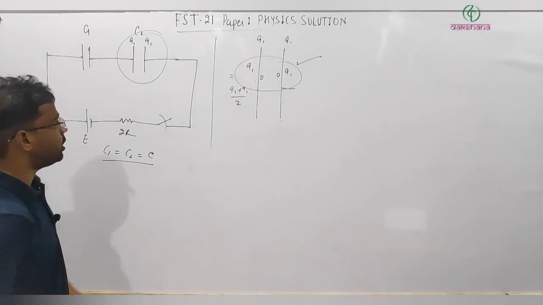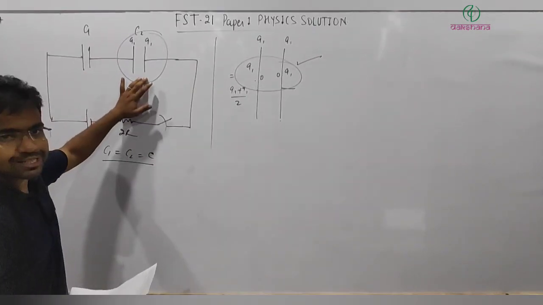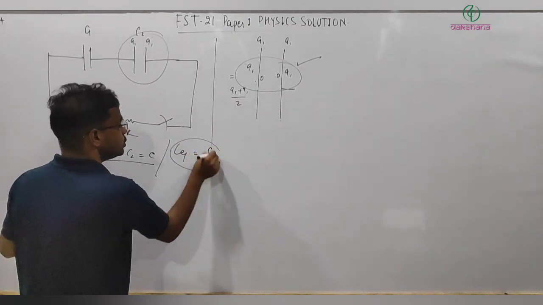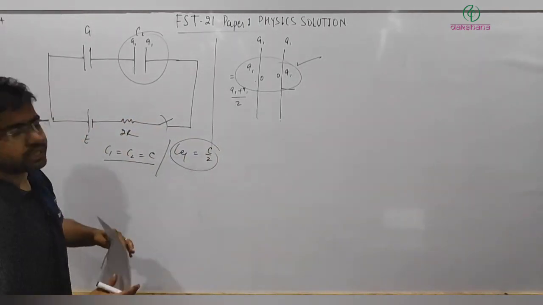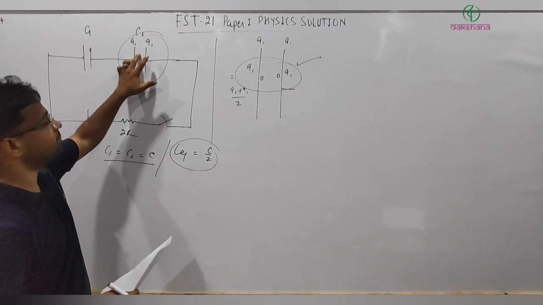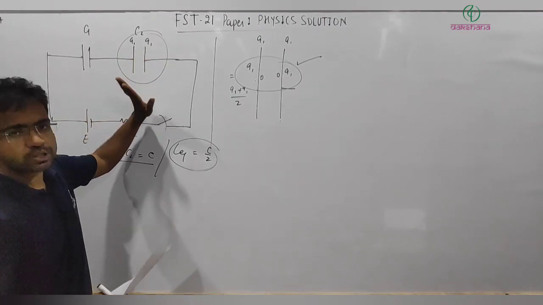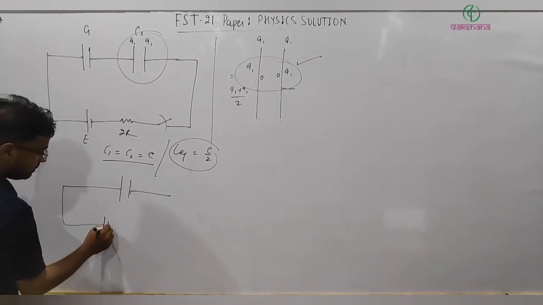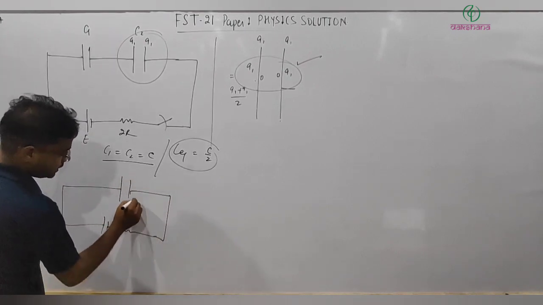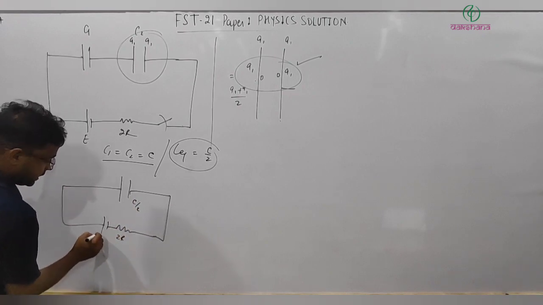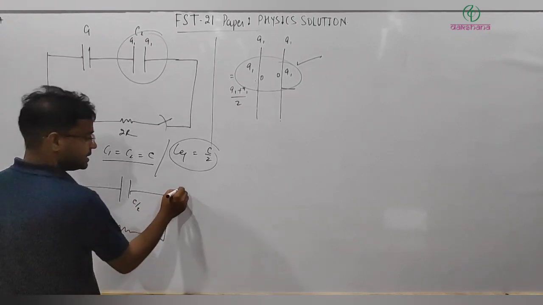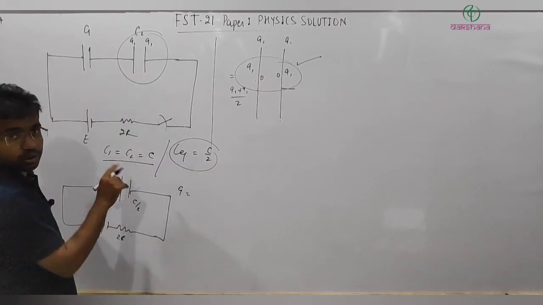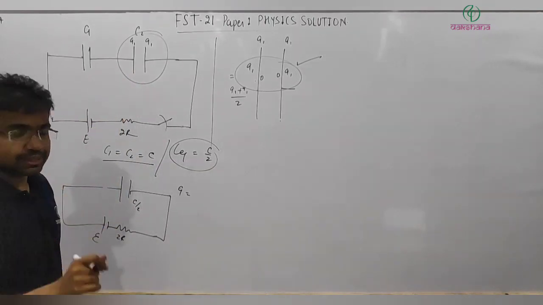When I switch it on, these two capacitors are in series, so C equivalent is equal to C by 2. The circuit will effectively become, since inside the plates, on the inside surface there is no charge, a system with EMF E, resistance 2R, and C by 2. In this situation, the charge Q supplied by this will be equal, because the two capacitors are connected in series.